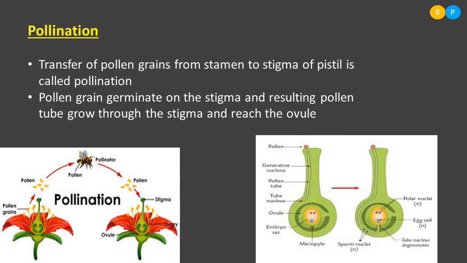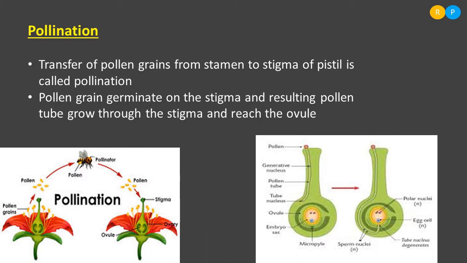You can observe that tube-like structure penetrating towards the style region in the female reproductive organ. This tube-like structure is nothing but the pollen tube. This tube grew through the stigma, and finally it reaches the ovule. Clear? So within the ovule, it reaches the female gametophyte.